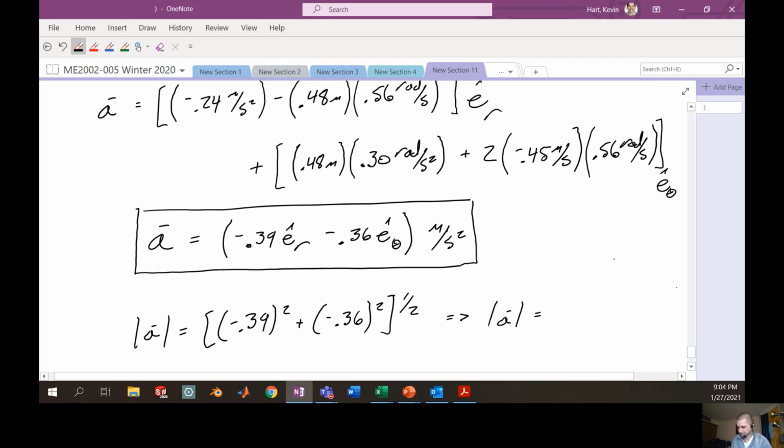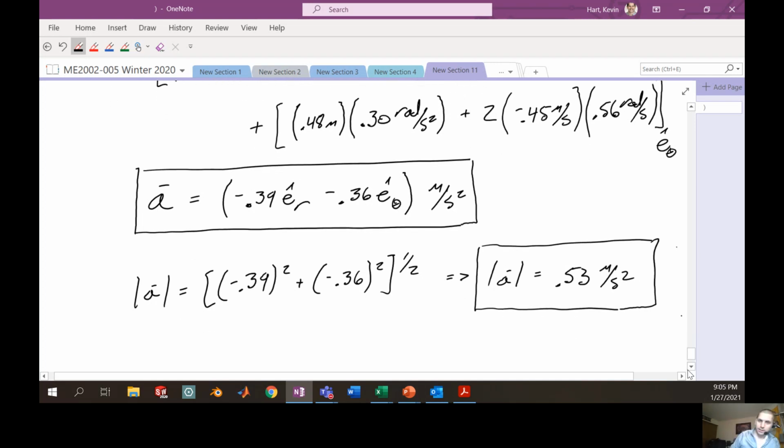That doesn't seem right. Ah, I made a mistake. Okay, 0.53 meters per second squared. So there you are, your velocity and acceleration terms.